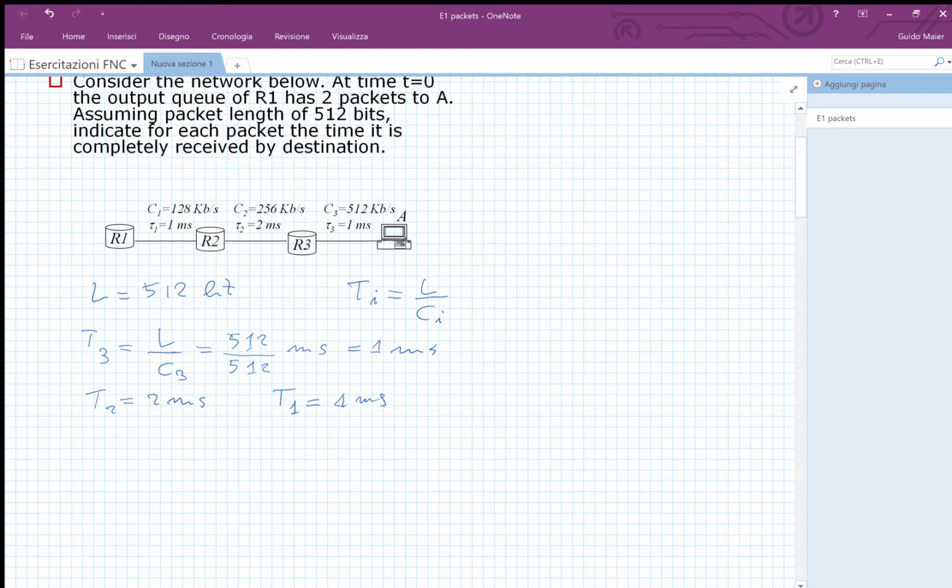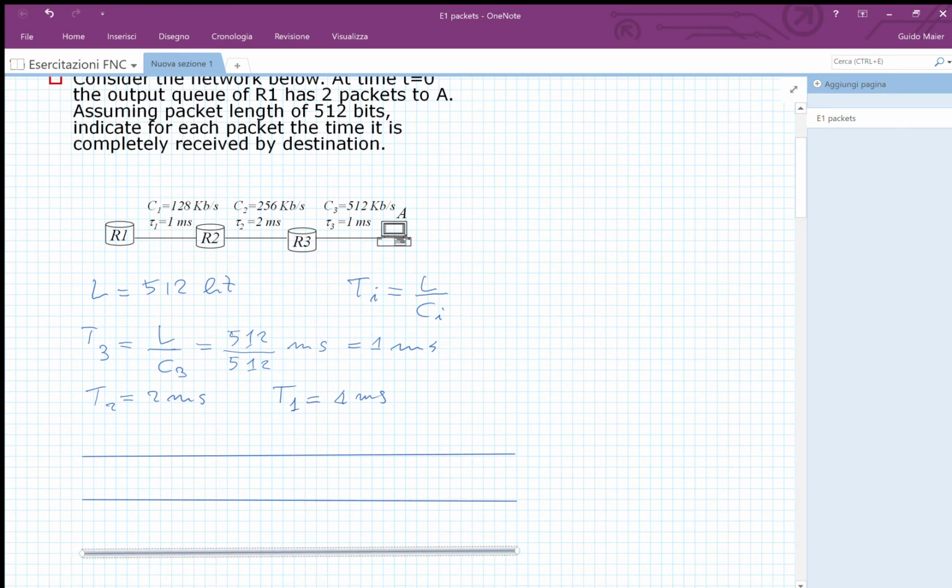Now we have to build the time diagram. We have 3 interfaces, so we need 3 different time axes.